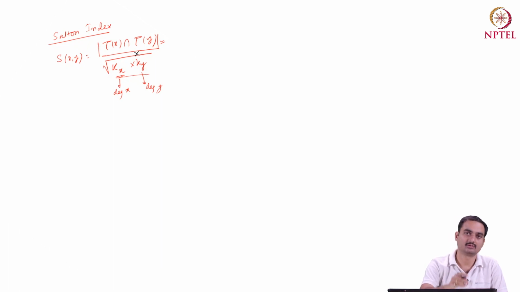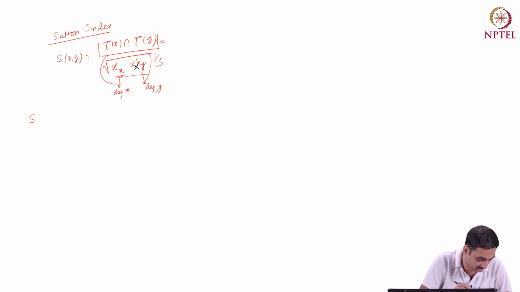So you take the square root, so the effect will reduce. So this is the Salton index. Similarly, there is another metric. Now, you can also come up with your own way. You can say, look, I will not take the square root, I will take 1 by 3, or 1 by 4, it does not matter. It depends on the application, and depending on the application, you can think of your own ways.